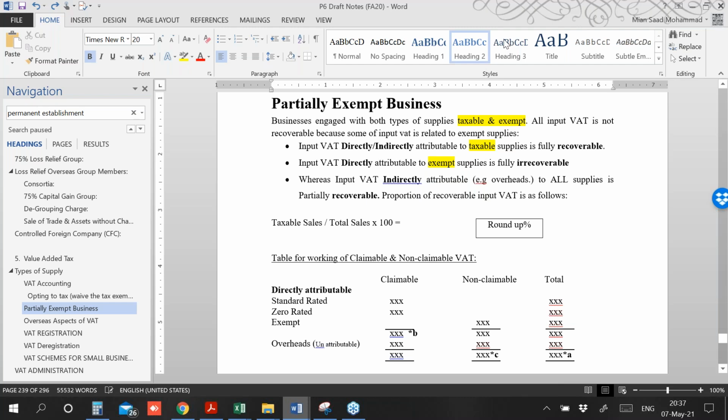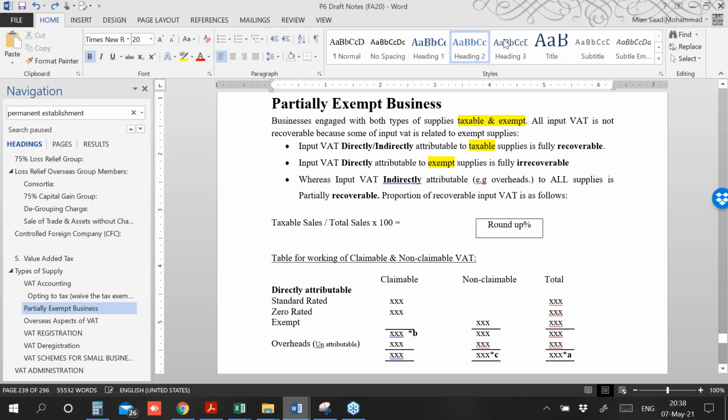If somebody has 80% of their turnover from taxable sales and 20% from exempt sales, we can allocate that maybe 80% of the overheads are incurred for taxable sales and 20% for exempt. As the concept suggests that the overheads incurred for exempt sales cannot be recovered, such businesses that deal in both are called partially exempt businesses.